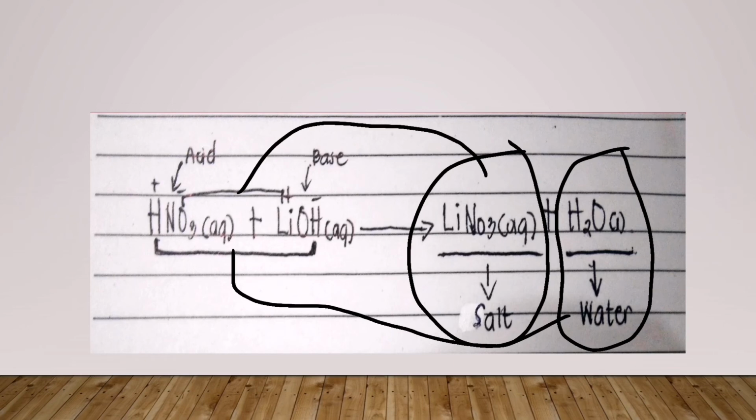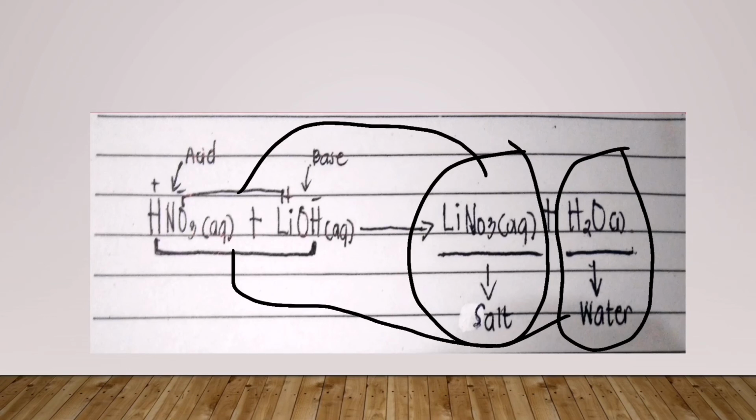So our products are lithium nitrate and H2O. Lithium nitrate is soluble in water, that's why we put aq. And for the H2O we put l because it's in a liquid state.